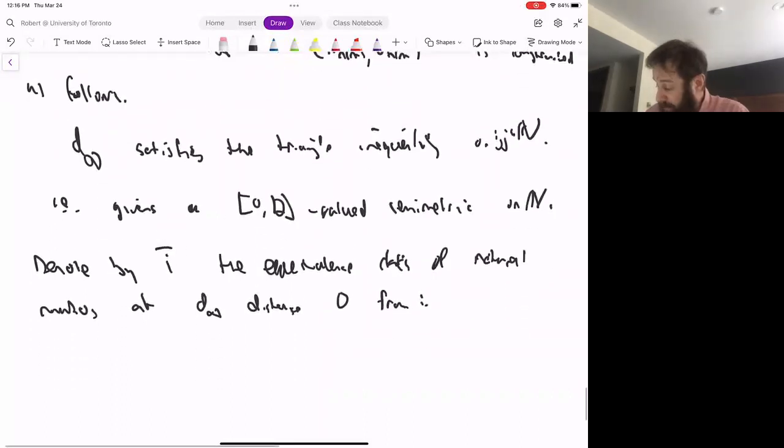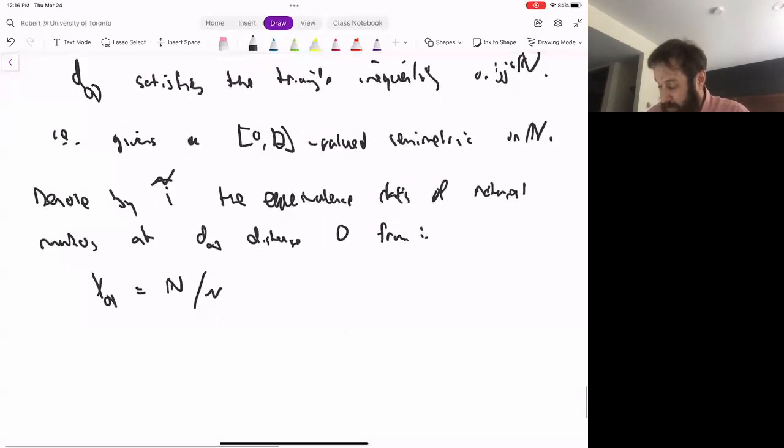And then I have a metric space. So setting x infinity to be the natural numbers, maybe I should make this a tilde, quotient by this equivalence relation is a metric space for D infinity.